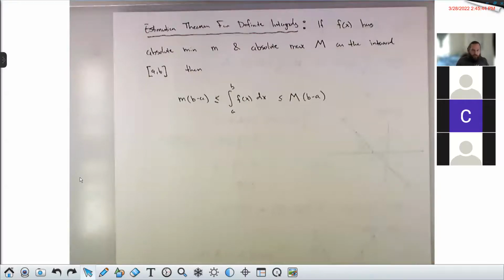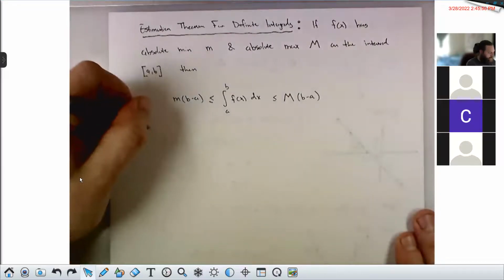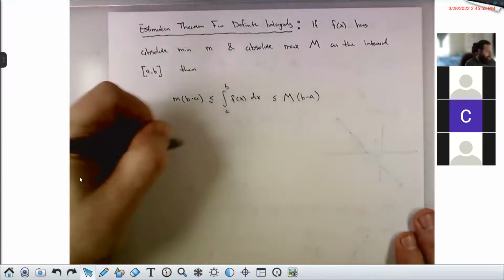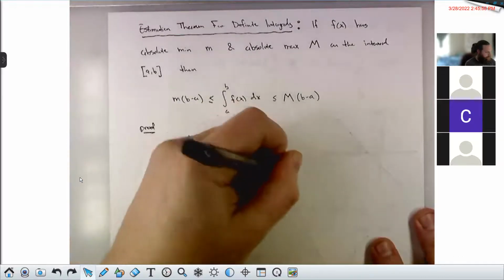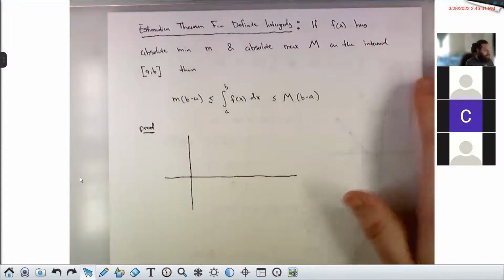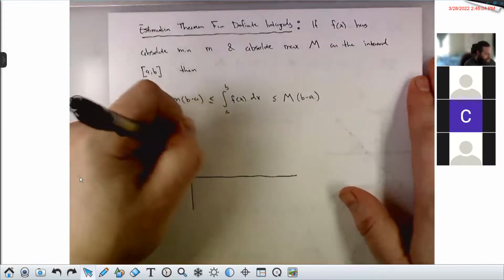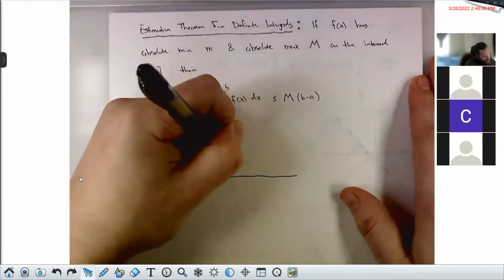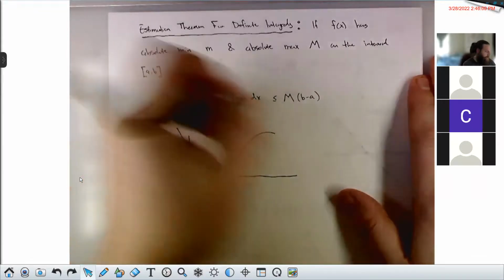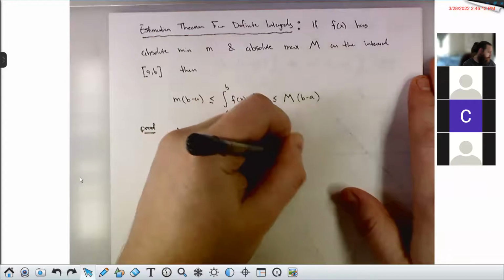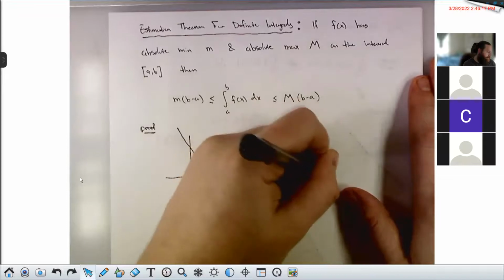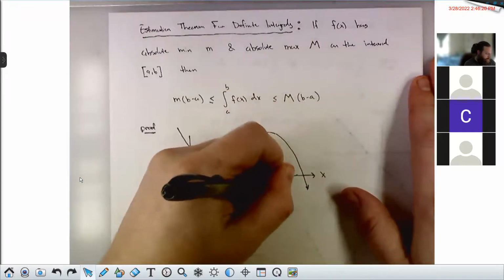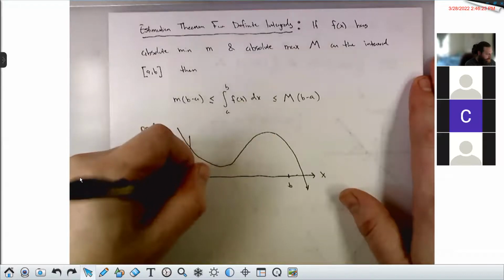The proof for this is best expressed in a picture. I will prove this really quickly. Take your favorite curve, maybe something looking like this. Suppose that maybe B is here and A is here.